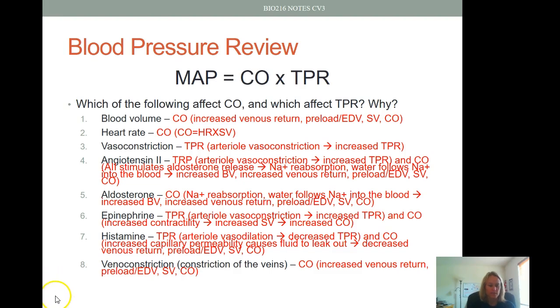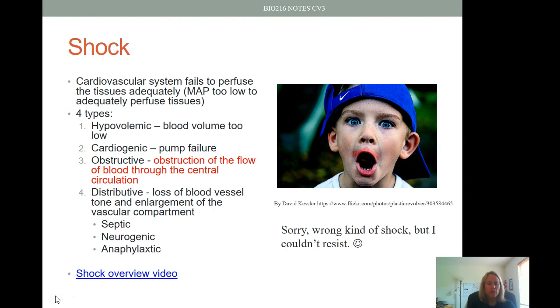Okay, so shock occurs when the cardiovascular system fails to perfuse the tissues adequately. This is when that mean arterial blood pressure is so low it cannot adequately perfuse all the tissues. This can be divided up into 4 main types. Hypovolemic is when our blood volume is too low.